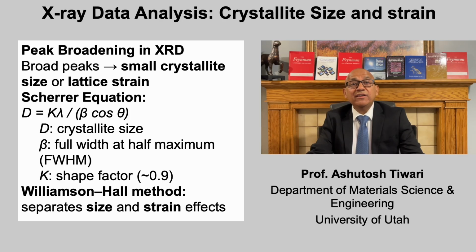These tools give us insight into the nanoscale structure of materials, helping us quantify how large the crystallites are and how much internal distortion they contain, both of which play crucial roles in determining mechanical, electrical, and optical properties.